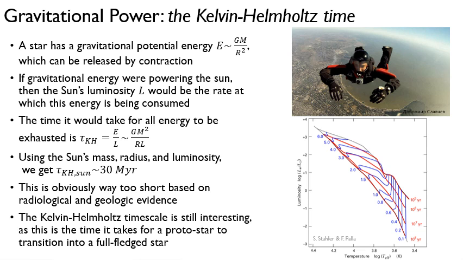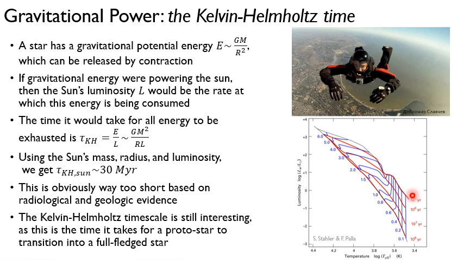Nonetheless, this time scale is still really interesting. It actually tells us something about star formation. This Kelvin-Helmholtz time is the time it takes to go from something we'd call a protostar, a stable cloud of gas, into an actual star, something that has nuclear burning going on at the core.